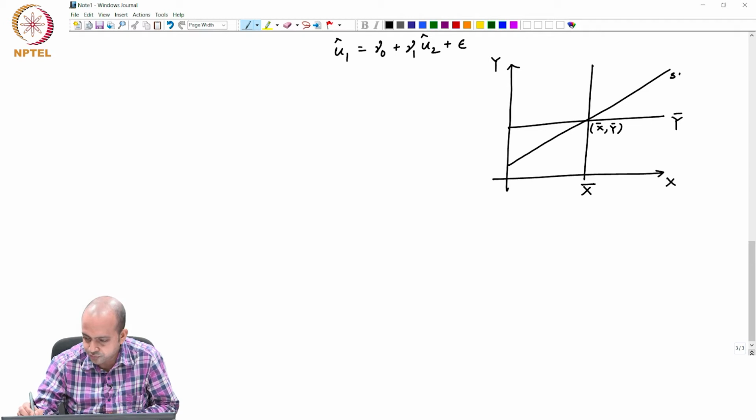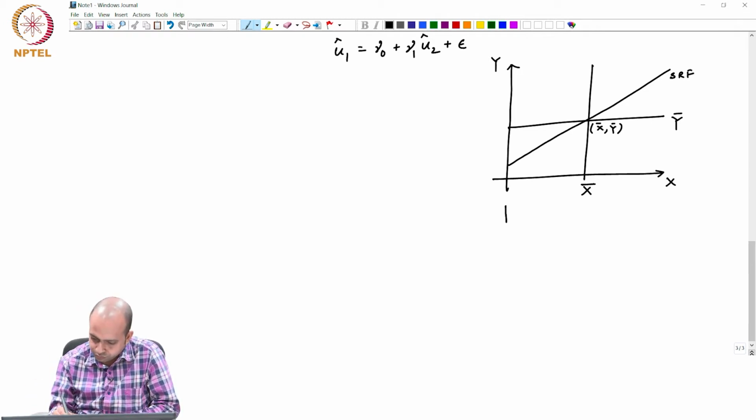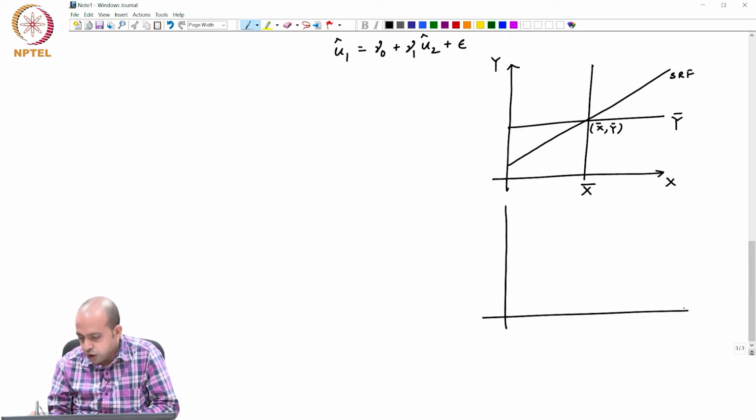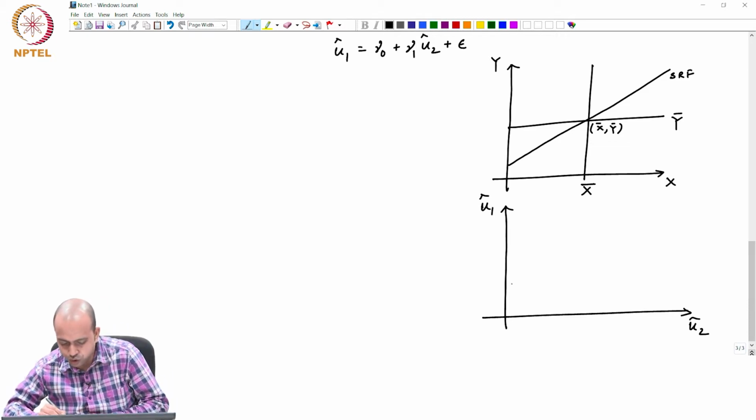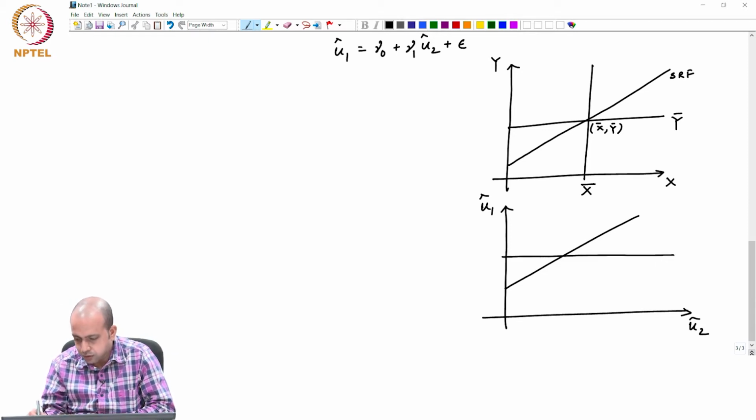This is the SRF. Now, in this regression, if you replace x by u2 hat and your dependent variable here is u1 hat, then that should also pass through the sample average.